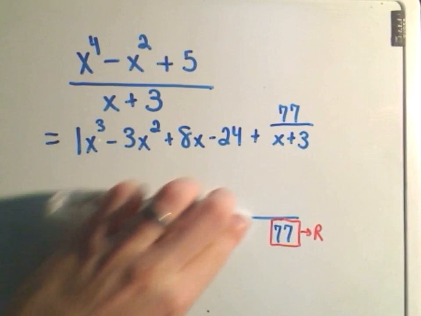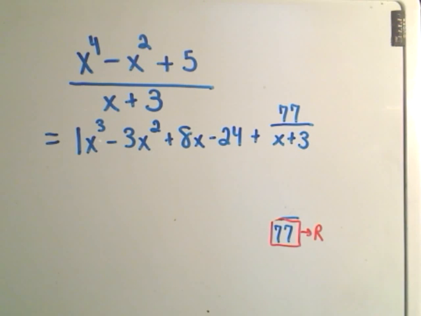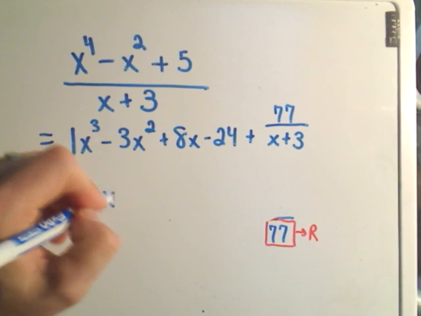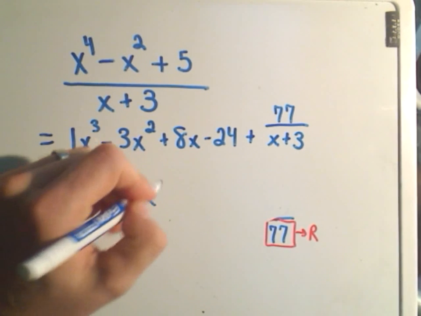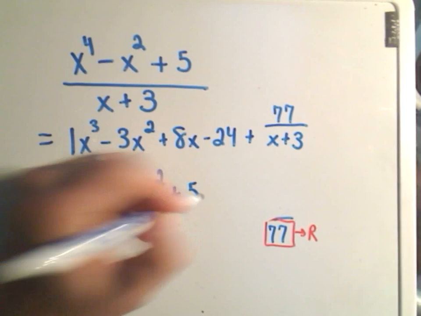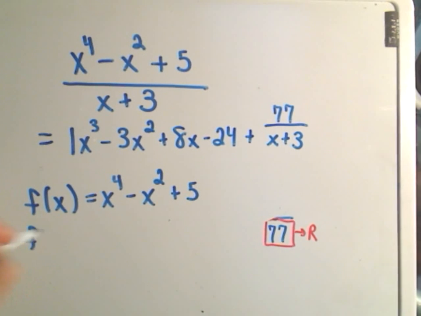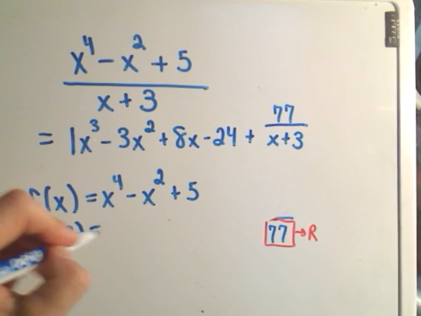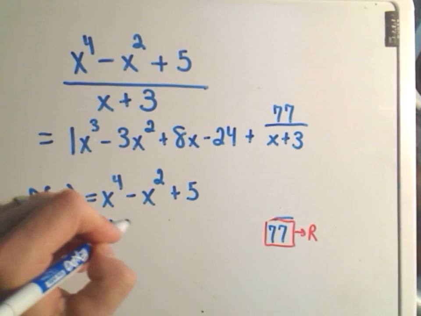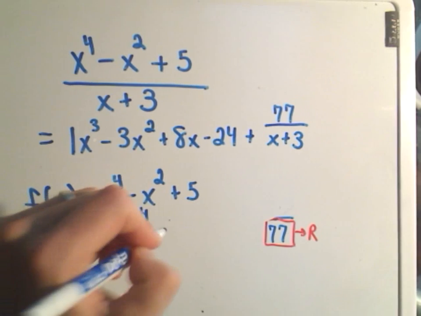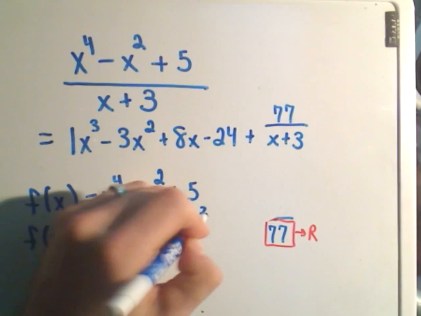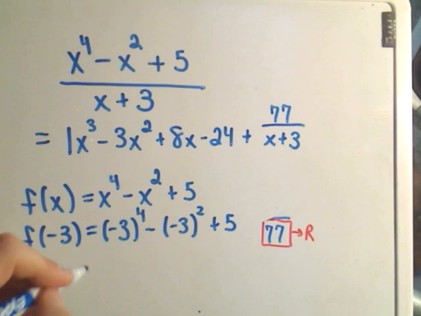Again, just like before, just to illustrate one more time as well, if I call the thing on top f of x, so if f of x equals x to the fourth minus x squared plus 5, if I wanted to evaluate this function again at negative 3, notice if I plug in negative 3, I'll get negative 3 to the fourth minus negative 3 squared plus 5.